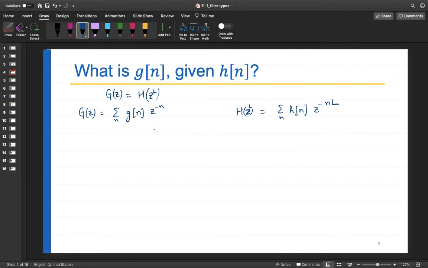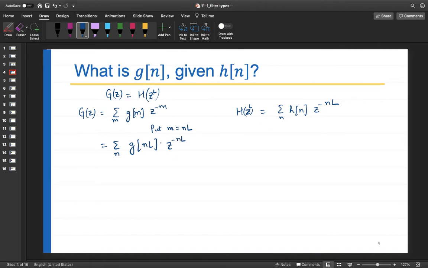So let us replace. Let me keep this notation as m because it's a dummy variable. Put m equal to n times L, right? Then the z term will match. Then this becomes summation over n because m goes from minus infinity to plus infinity, so the limits don't matter here. g of nL z to the power minus nL.